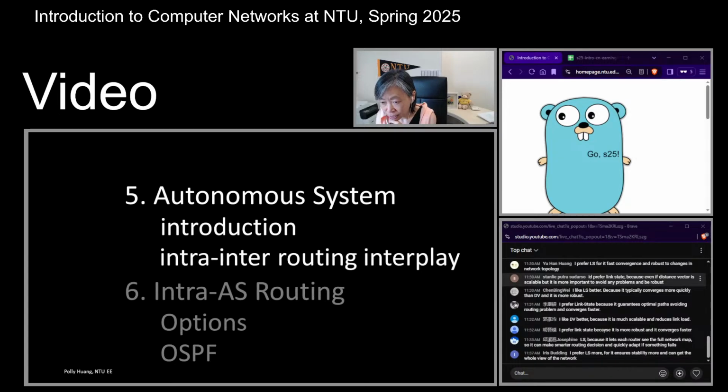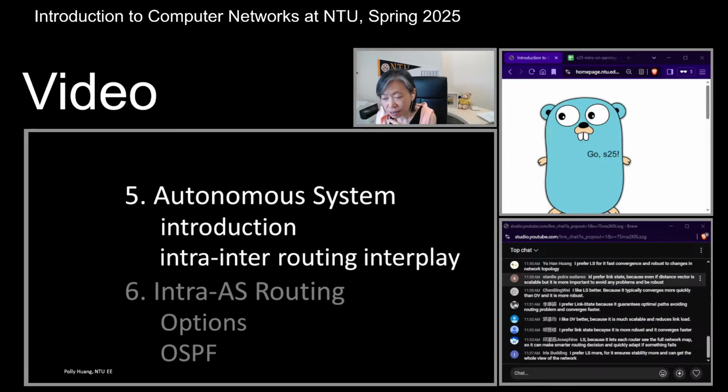Yeah. And you see, delay these days is a very important user experience index. And robustness, reliability is also an important user experience index. And Stanley prefers link state because even if distance vector is scalable, link state is more about avoiding any problem and being robust.